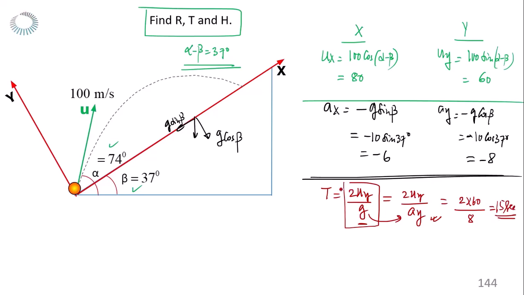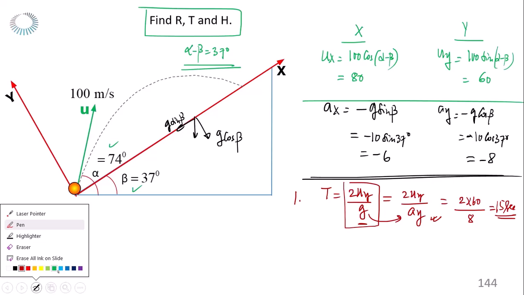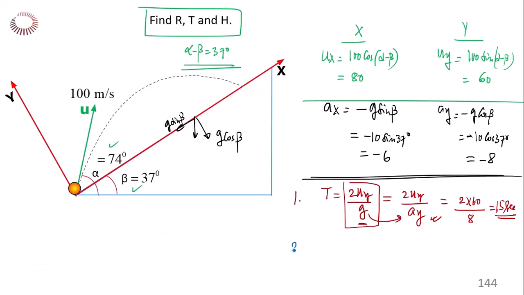Now once I calculate the T, I can calculate the H. This is the first step to calculate T, then calculate H. The formula for H was uy square by 2g. Now again you have to replace it by uy square by 2 times ay. Uy is 60, so 60 into 60 by 2 times ay, which is 8.